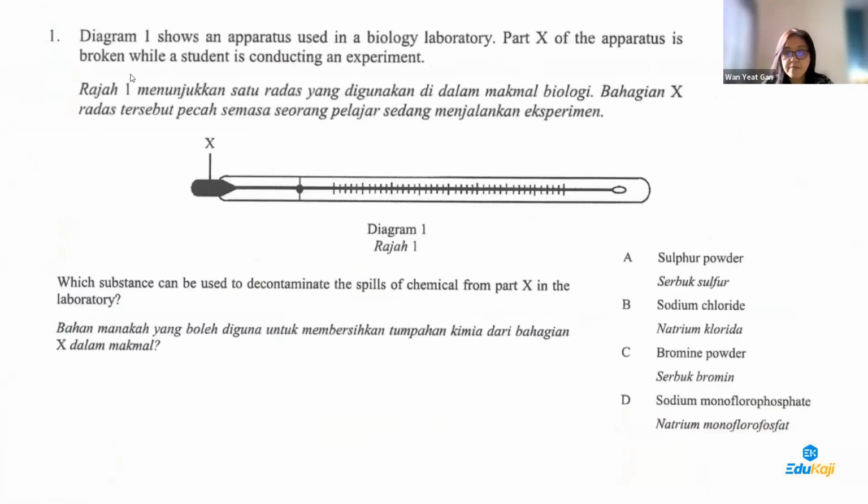Diagram 1 shows an apparatus used in laboratory. Part X of the apparatus is broken while a student is conducting an experiment. Which substance can be used to decontaminate the spills of chemical from part X in the laboratory? So X is actually mercury. Now to decontaminate it, we need to use, what is the option of answer here?